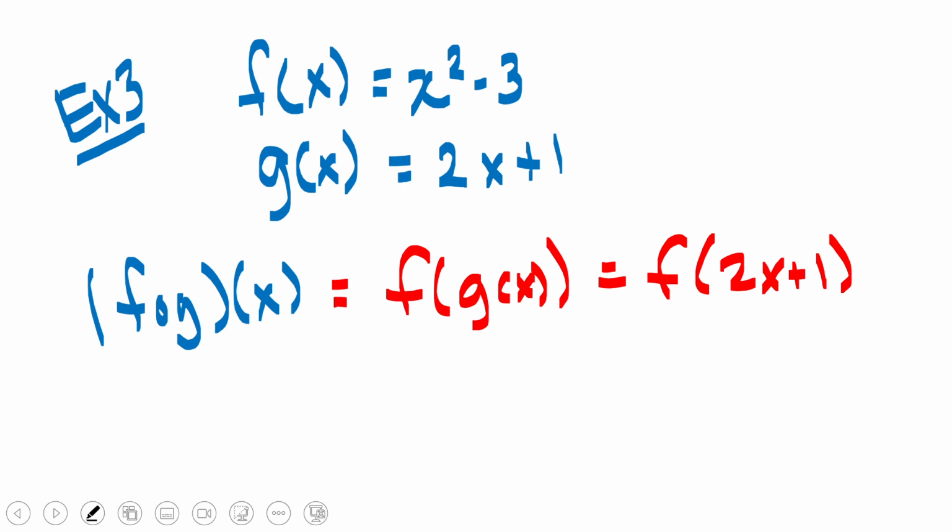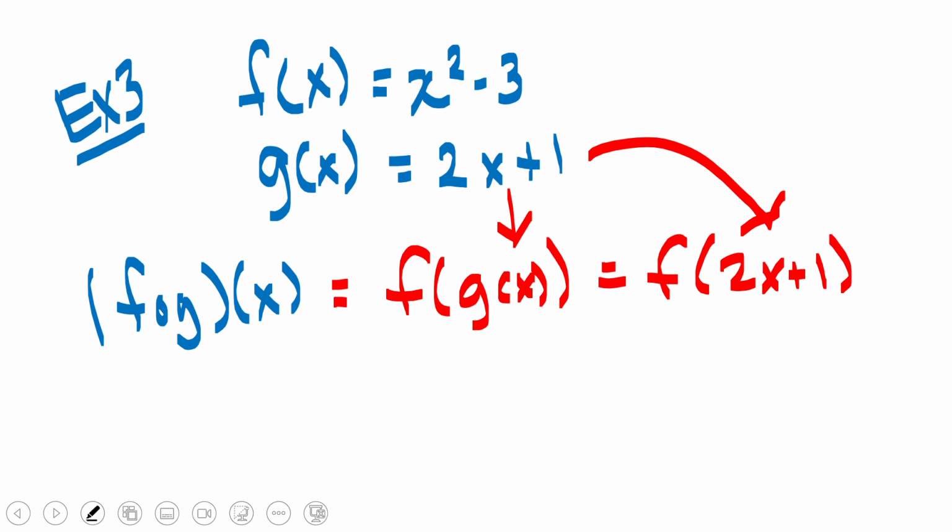So we literally plug the g of x function in numerically from our expression. So we have a substitution. Alright, so now everywhere we see an x in our function of x, we are going to plug in 2x plus 1.